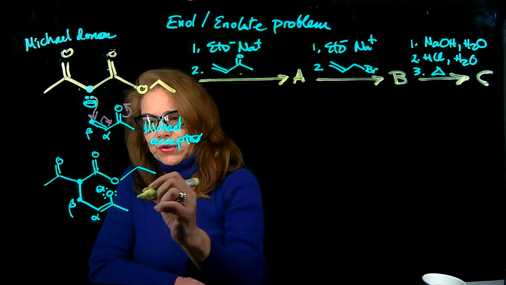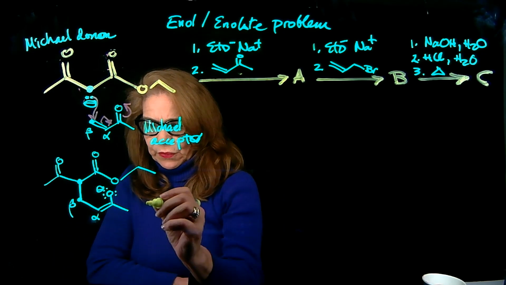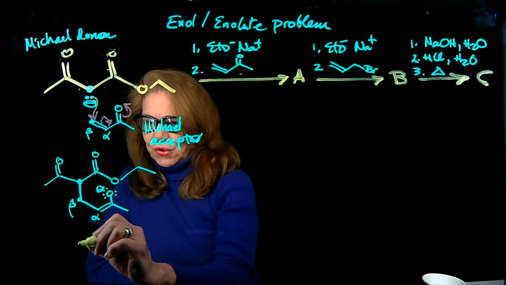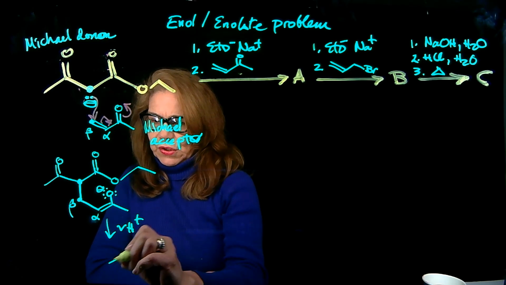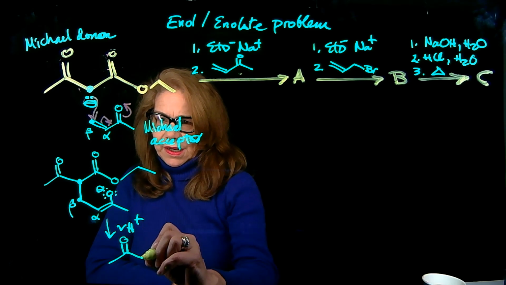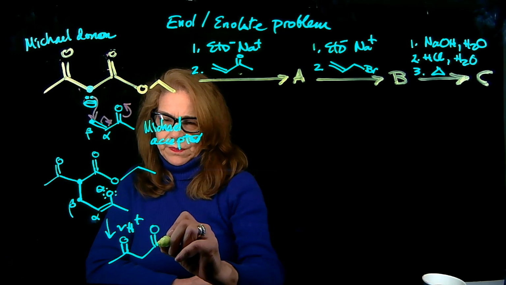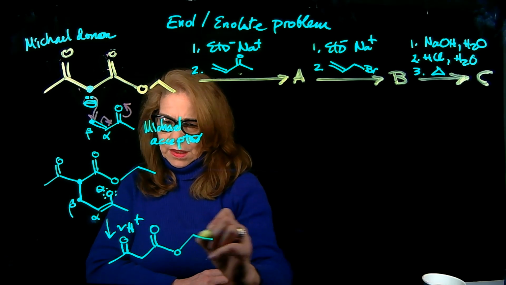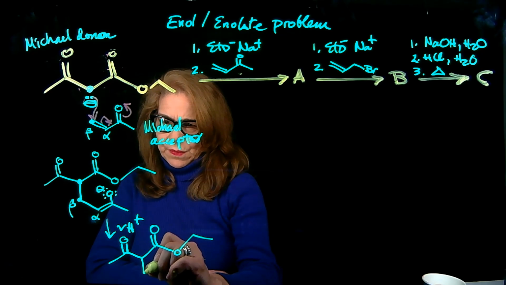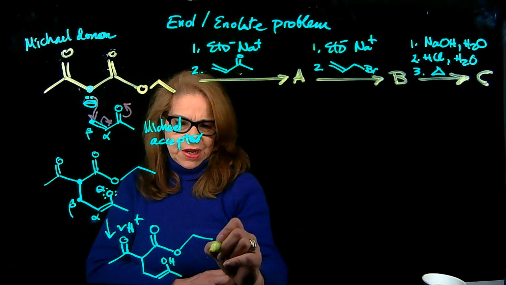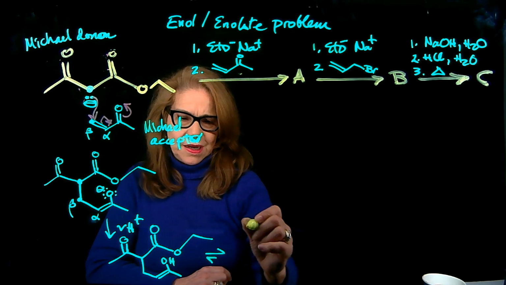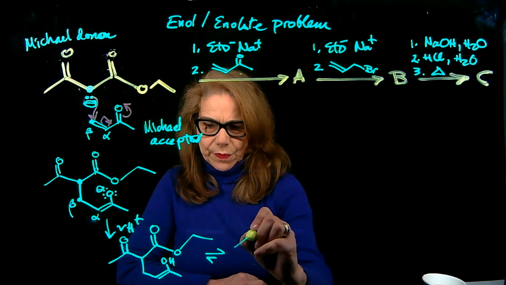And after that, if you acidify, you will have a proton transfer step in which you're going to make the enol form here, OH, H, and that is in equilibrium with the keto form.